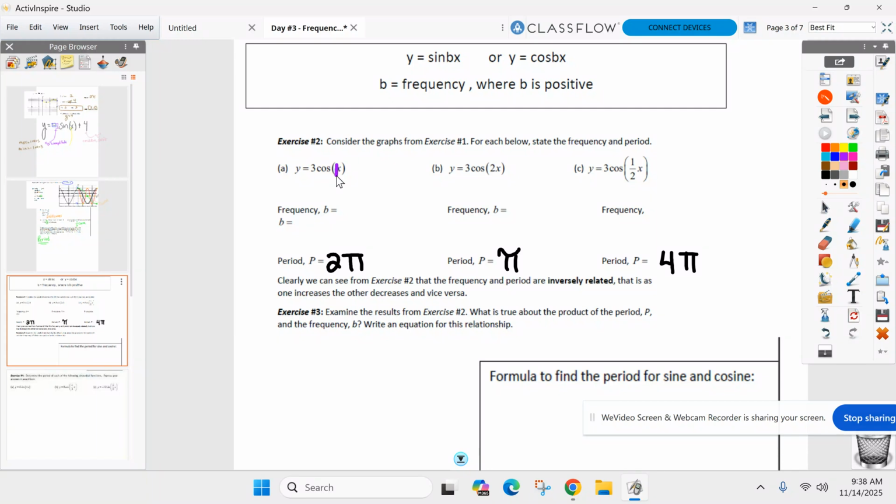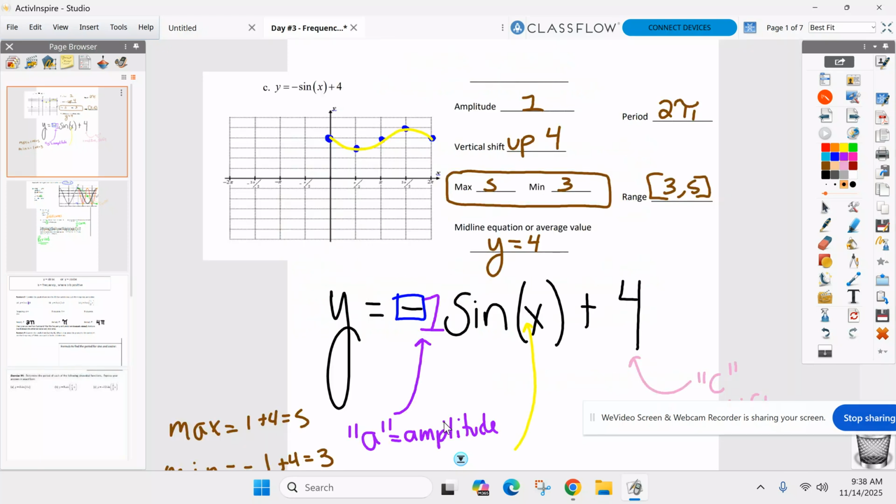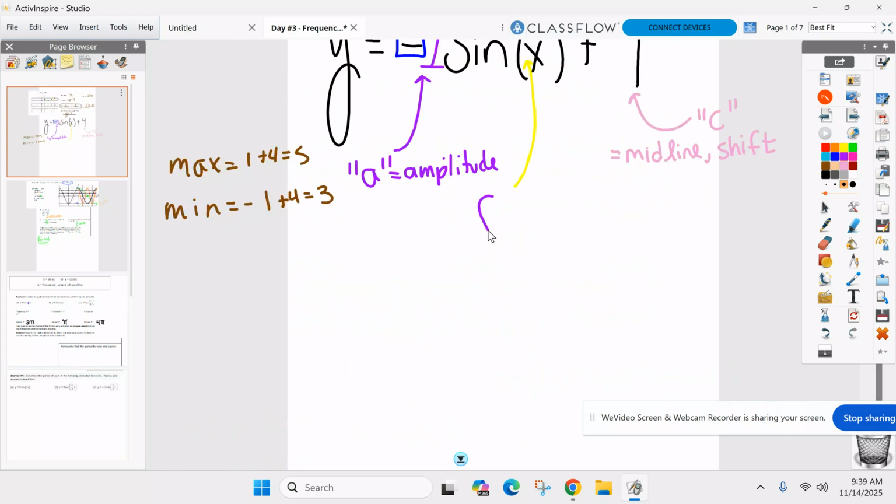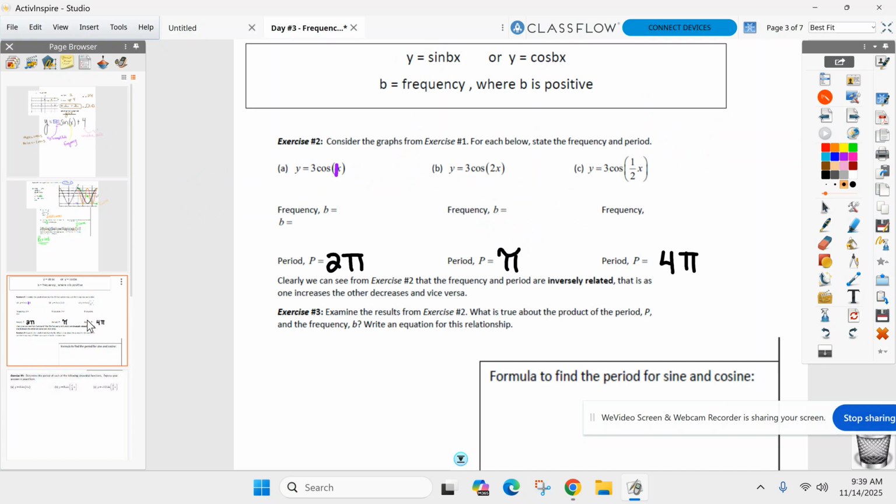That number, let's give a new vocab word. That is your B value. It's called the frequency. So before you had amplitude and shift. Now this number here is going to be called the frequency, the B value. So for each of these, frequency here is 1.